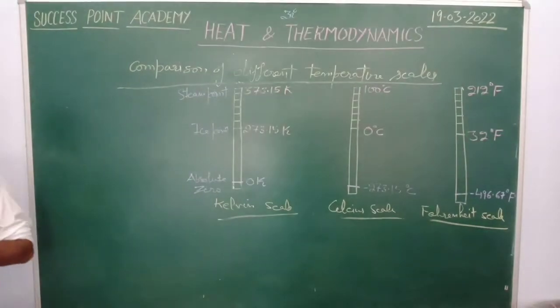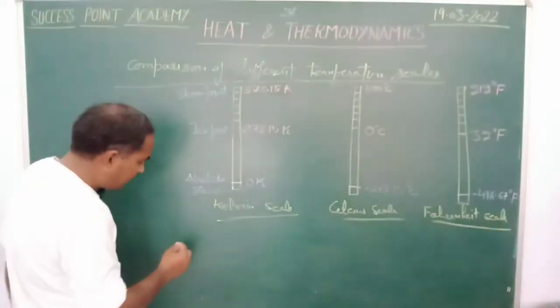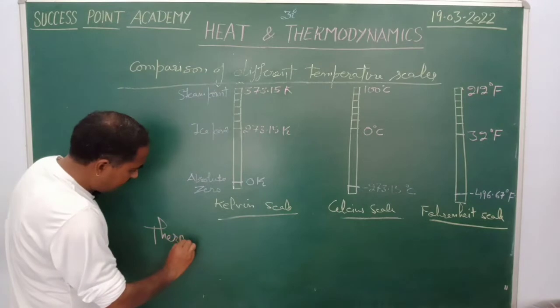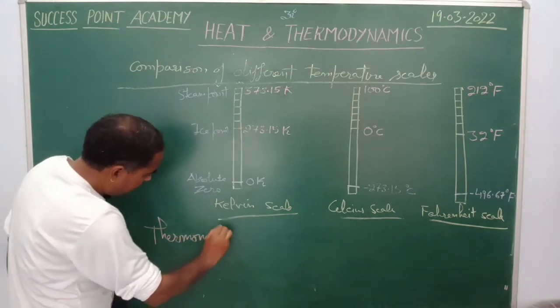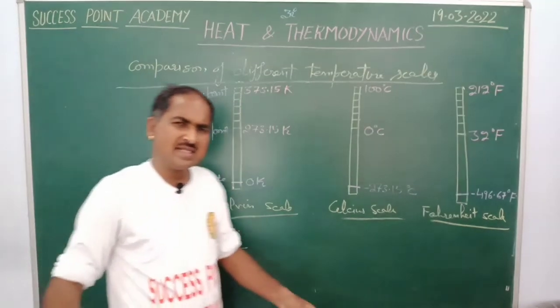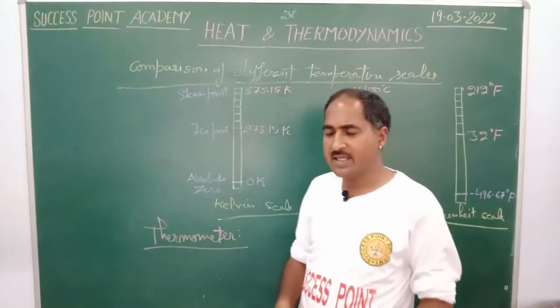Okay. Now how do we measure it? What are the devices? The device to measure this is the thermometer. There are various types of thermometers. Mercury thermometers are there.